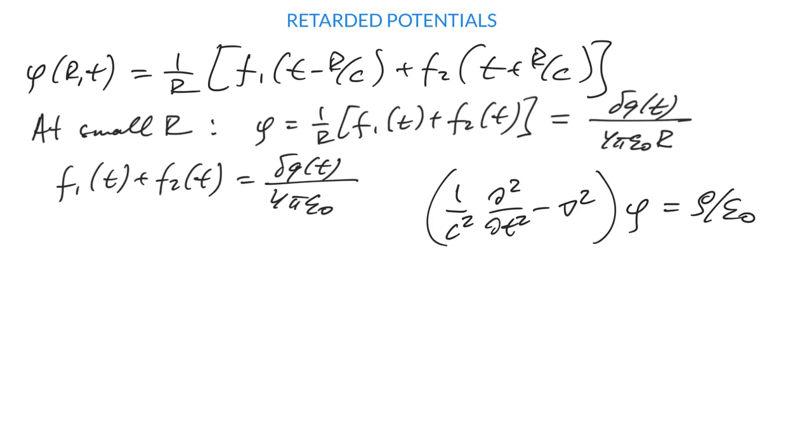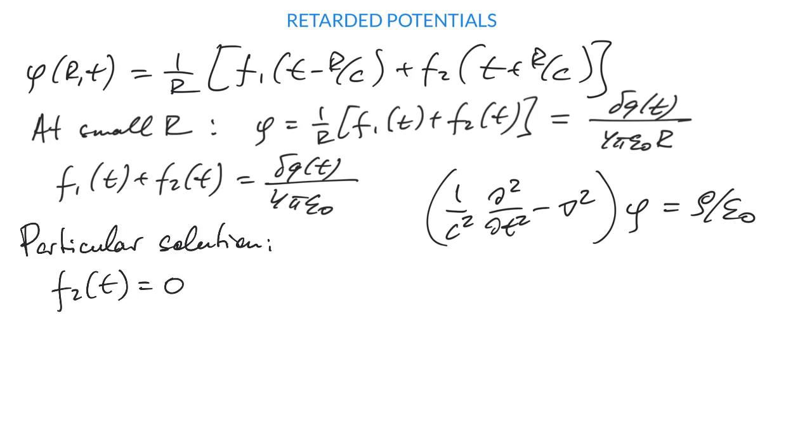So we can pick a particular solution of the inhomogeneous equation that is convenient for our purposes. We will pick the particular solution with the incoming wave being 0 and f1 of t then as required given by δq of t over 4π ε0. This is a valid particular solution.